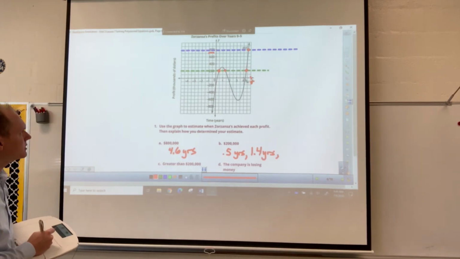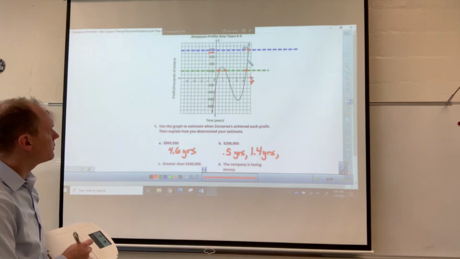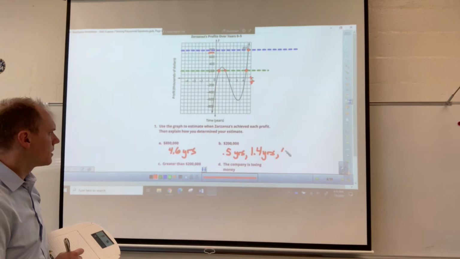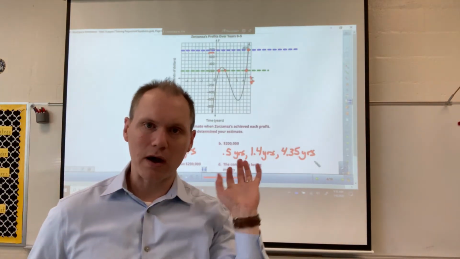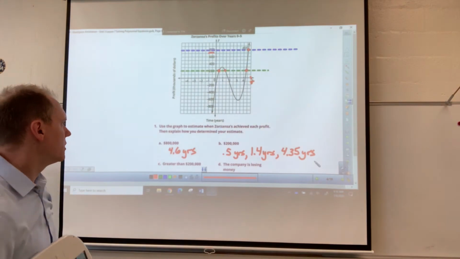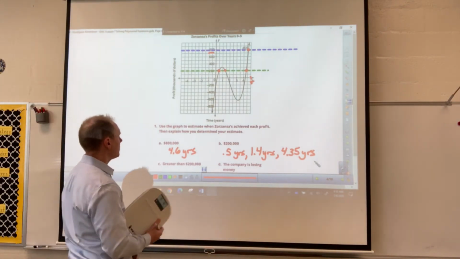And then lastly, not quite 4.5. 4.5 is right here, so I'm just going to estimate 4.35 years. So there are three, and as long as you have 3 times about those numbers, then we're good. So that happened 3 times.